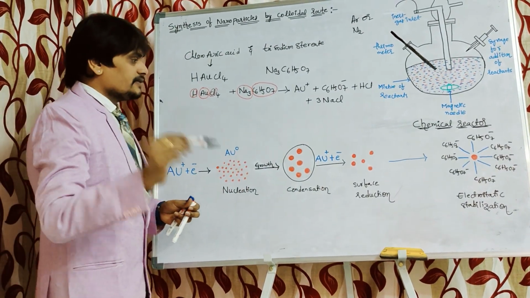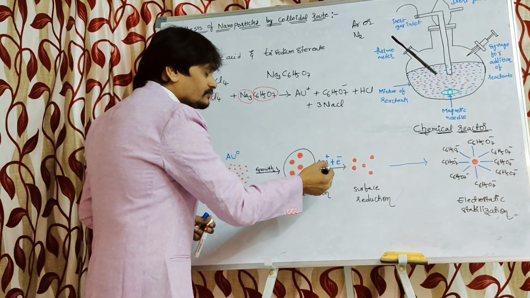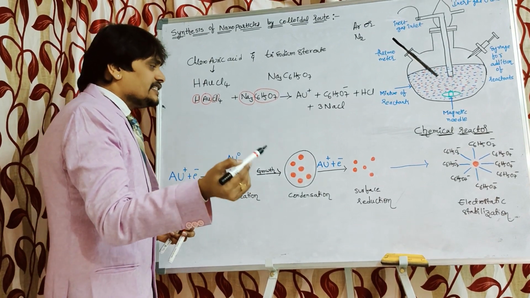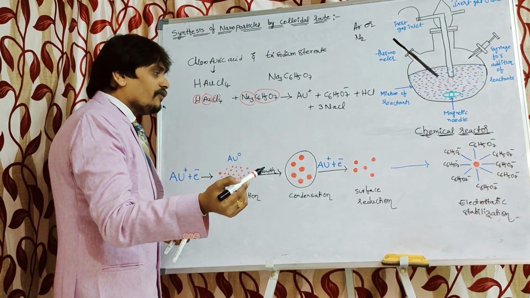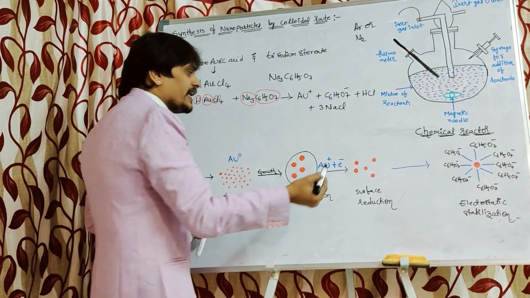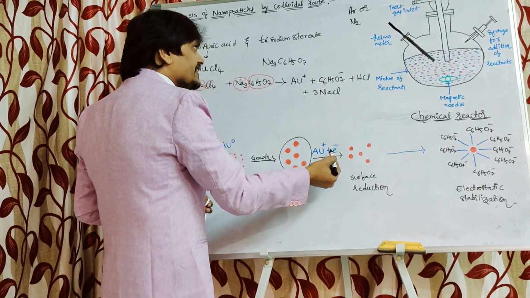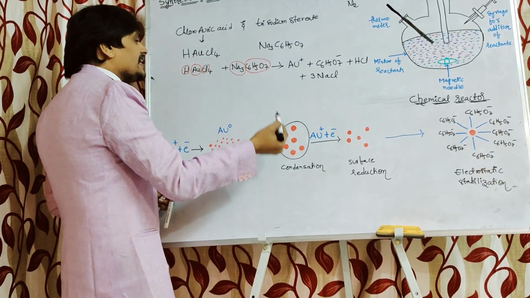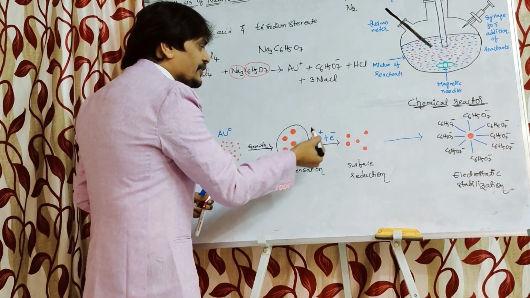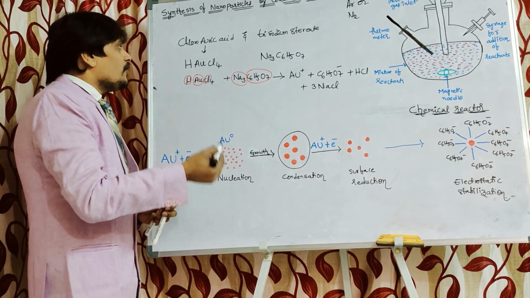process, right? So in the next step, because we are adding the calculated amount of the reducing agent to the calculated amount of the chloroauric acid, definitely this reducing agent, the trisodium citrate, will reduce all the Au plus ions which are a part of the chloroauric acid.